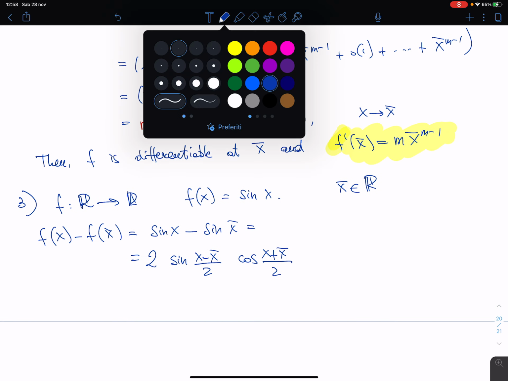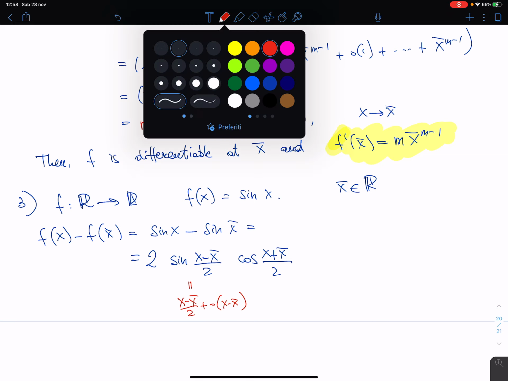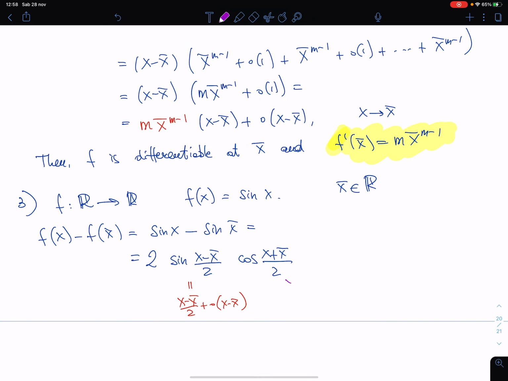We know already from previous limits that we studied in detail that this is equal to (x minus x bar) over 2 plus little o of x minus x bar, while the cosine is a continuous function, so this is cosine of x bar plus little o of 1.